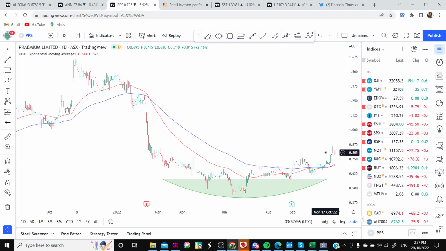It's about looking for stocks that are trading above their moving averages and have positive momentum. And I think if you can do that, you can really narrow down the field of opportunities considerably, and also avoid a lot of the stocks which are currently causing the ASX 200 to meander sideways.